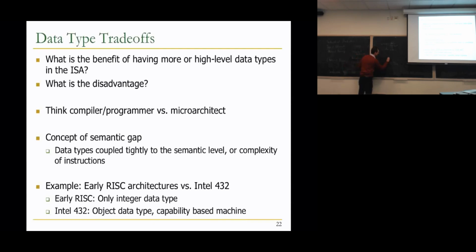Whereas maybe MIPS over here, right? Especially the initial MIPS. Initial MIPS had only the integer data type. It didn't even have floating point. And they discovered that the floating point programs were actually running like a dog. So they added the floating point data type afterwards. So they reduced the semantic gap as the ISA evolved.